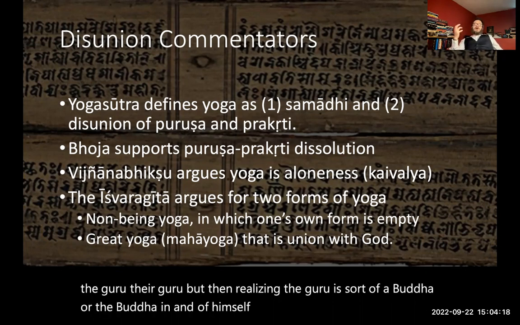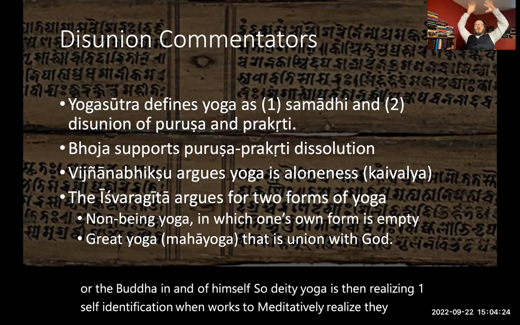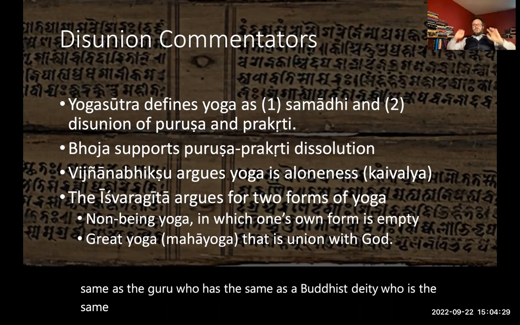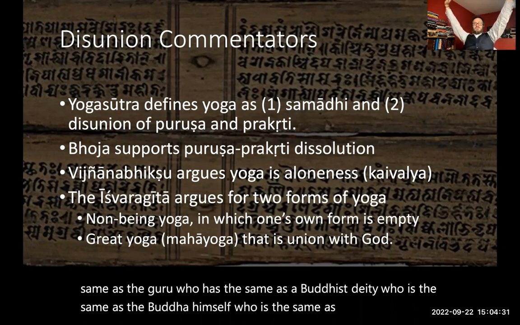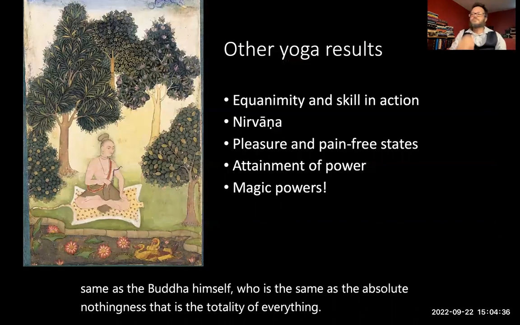So deity yoga is then realizing one's self-identification. One works to meditatively realize they are the same as the guru, who is the same as a Buddhist deity, who is the same as the Buddha himself, who is the same as the absolute nothingness that is the totality of everything. Yeah, they're Tibetan. What are you going to do?